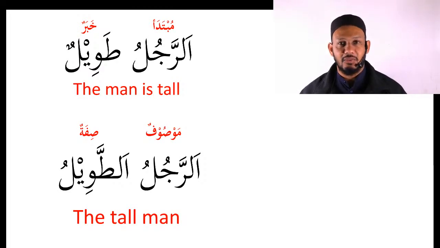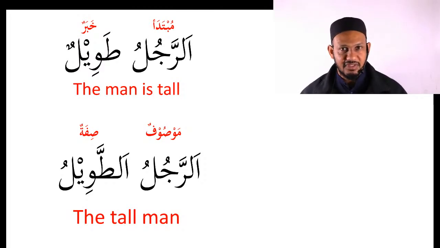There's a difference in the way it looks, number one. How does it look different? In the first one, the mubtada khabar, first difference, it will always be raf'un. You with me? In the Mawsuf Siffa one, it could be ar-rajulu at-tawilu, it could be ar-rajula at-tawila, it could be ar-rajuli at-tawili.